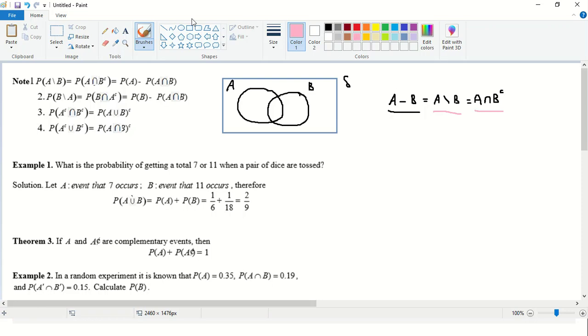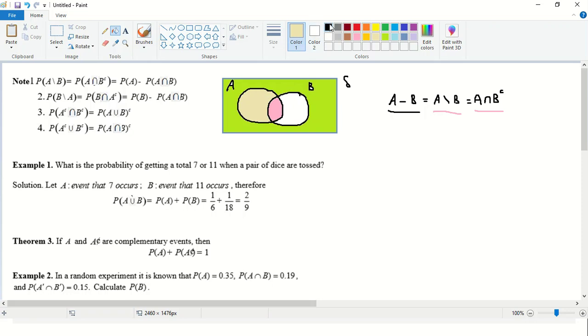What does it mean? If you take a look over here, I just sketched 2 events in a sample space, and this is the set A. The set B complement contains all parts that are not inside of B. This part and this part together will be the B complement, and the intersection between this green part and the pink part that we have for A will be this part indeed.